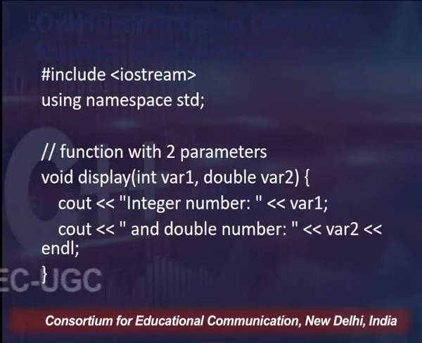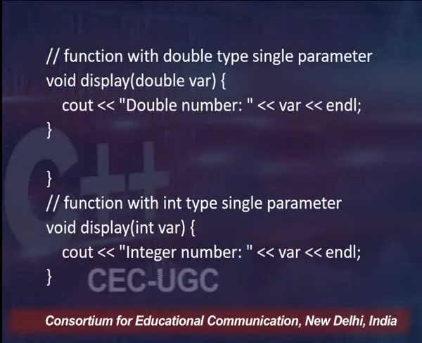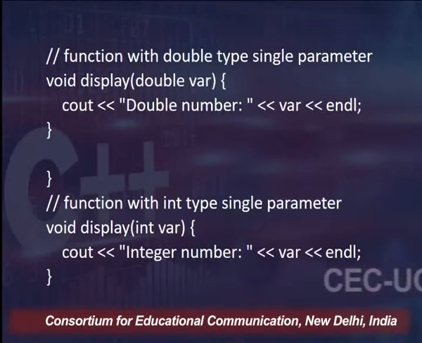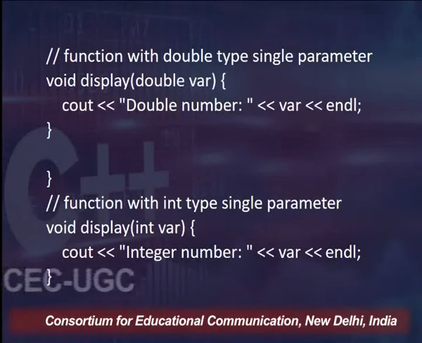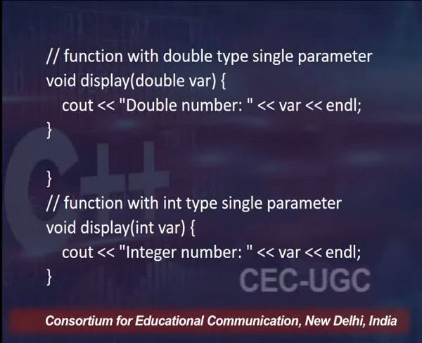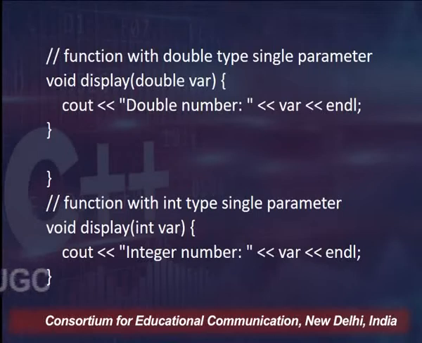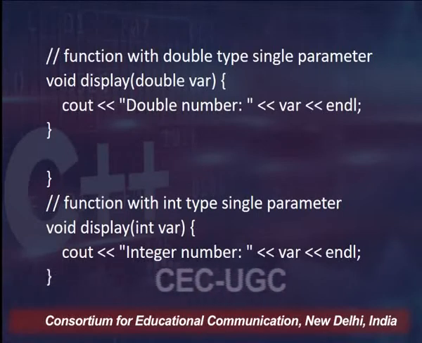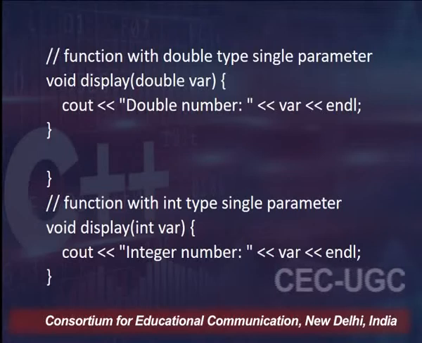It's a simple function. Now coming to one more version of this display, which is taking only one parameter, a variable var of type double. So it takes a double number and displays it.